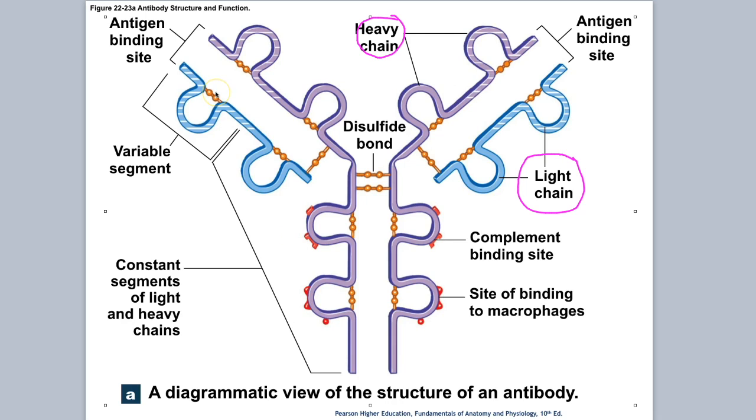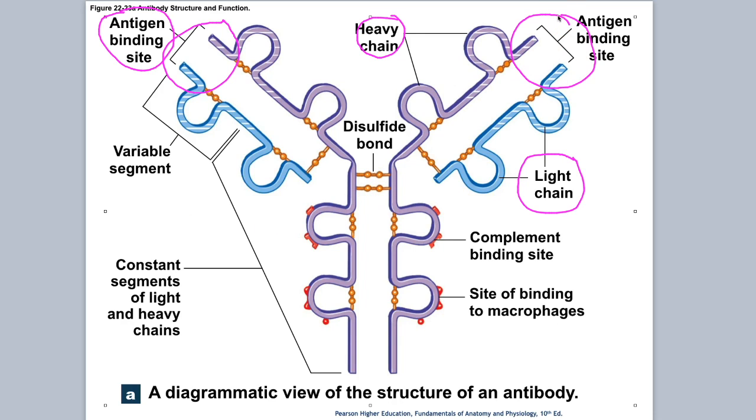And let's just look at some of the features here. These are really interesting molecules. So first thing is, see how out here we have an antigen binding site. This portion right at the end here, okay? The amino acids in this region, and we have them on this side too, are another antigen binding site.